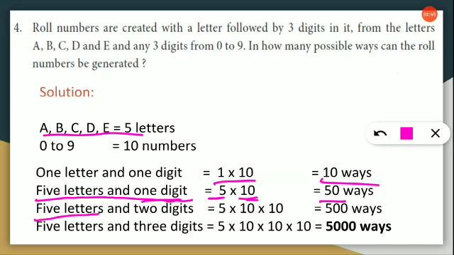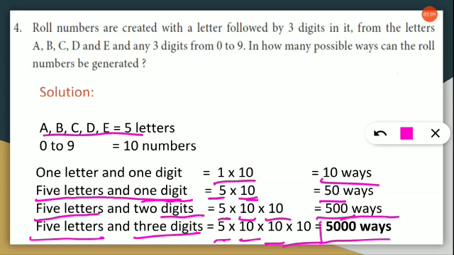Same way, when 5 letters and 2 digits are created, 5 into 10 into 10. So 500 ways. When 5 letters and 3 digits are created, we will have 5 into 10 into 10 into 10. So what will be the answer? It will be 5000 ways. Clear? If it is for one digit, we will have 10 ways.